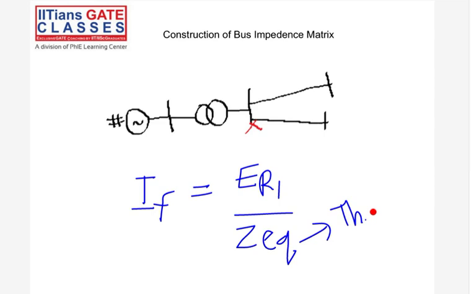But when you're dealing with a huge network, trying to find the Thevenin's equivalent is not easy. So basically what we do is that we find the Z bus, and the Z bus will be the Thevenin's equivalent.